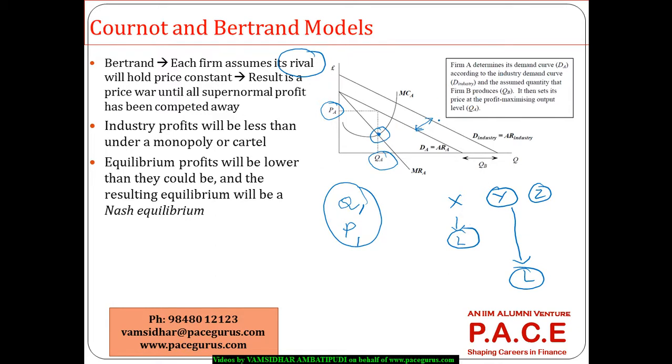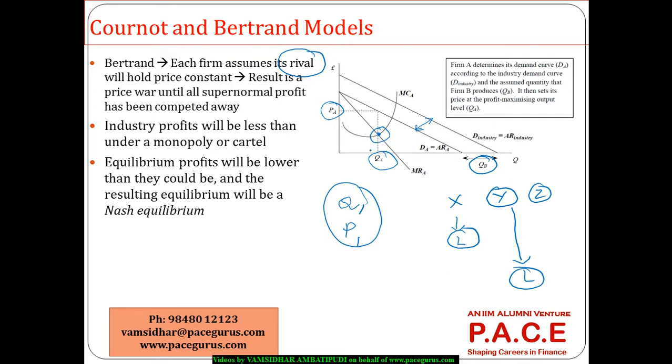So the demand curve for A comes purely based on the industry, and it is making a pure assumption that firm B is going to produce exactly QB, and firm A is setting its pricing purely on the profit maximizing output level itself.